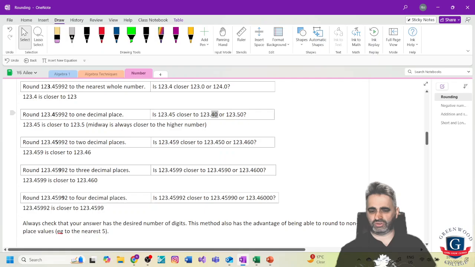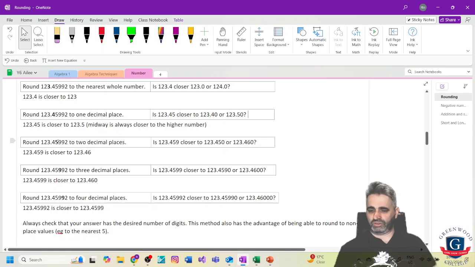It's closer to 50 because that's halfway in between, and if it's halfway in between, we always go higher. So we would say that 123.5 is the rounded answer. Putting this extra 0 on the end can help because you think 45, 40, 50 rather than 0.45, 0.4 and 0.5.